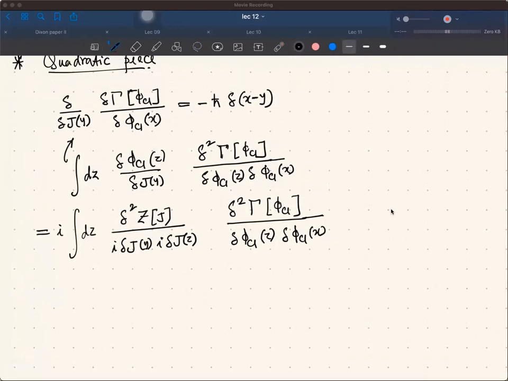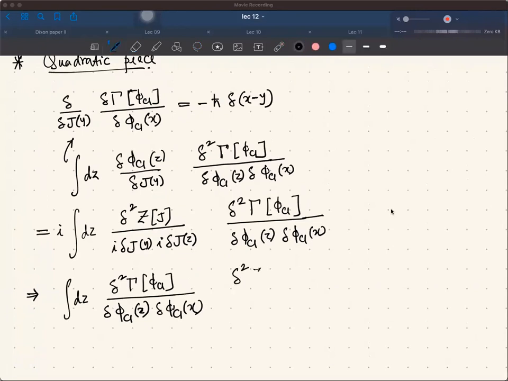So what it means is the integral dz of del 2 gamma phi CL over del phi CL z del phi CL x, times del 2 W over I del J z I del J y.